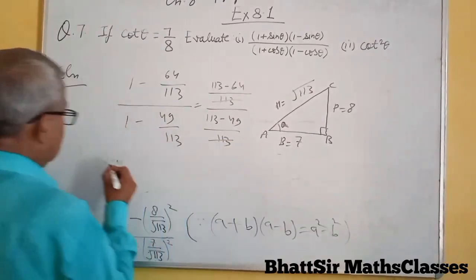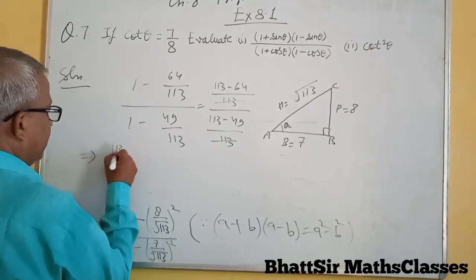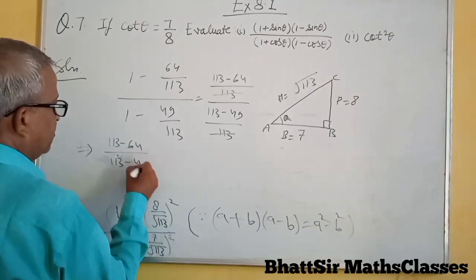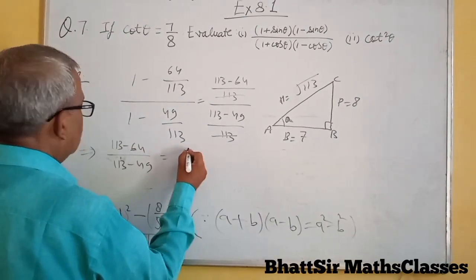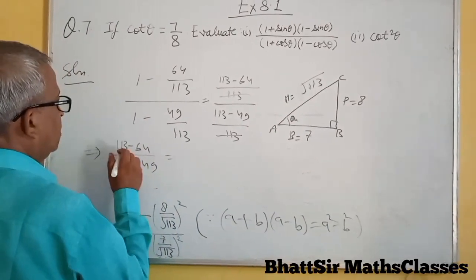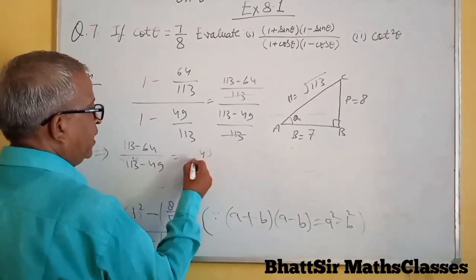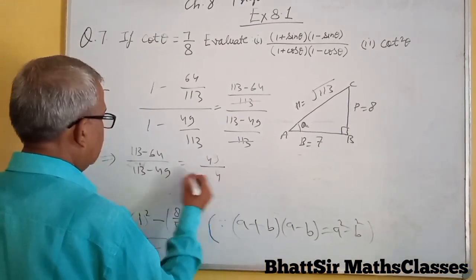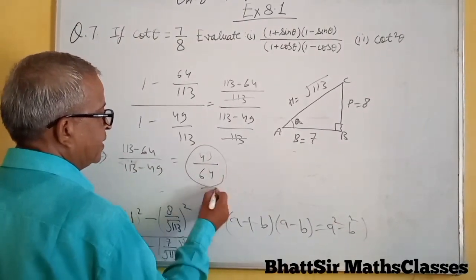The 113 cancels out, implies that 113 minus 64 upon 113 minus 49, equal to 49 upon 64. It is the right answer.